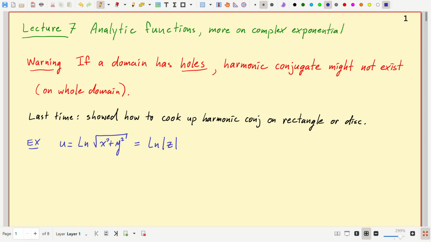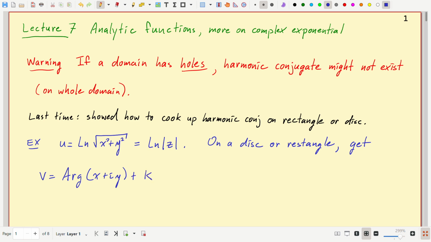But if I were to do that routine that I did last time on a disk or a rectangle, solving the Cauchy-Riemann equations, you find out that you get a harmonic conjugate, which is the principal argument of x plus iy, plus, and remember, you always get an arbitrary constant when you do the calculations.